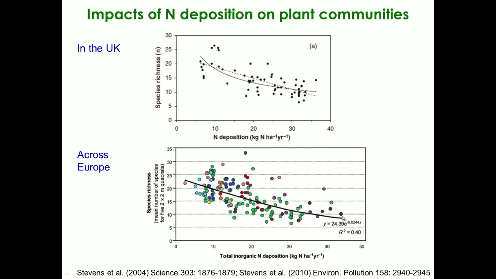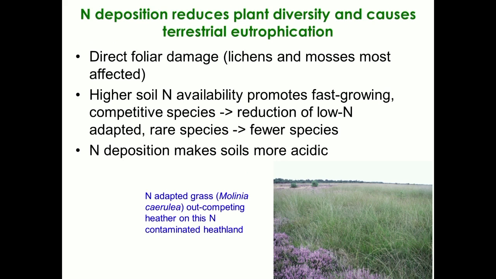And the reason for this is because the nitrogen pollutants that are depositing on plants are damaging to plant leaves. It causes foliar damage. Some plants are more sensitive than others, so lichens, okay, they're not specifically plants, but these photosynthetic symbionts and also mosses are particularly sensitive to foliar damage. In fact, so much so that they are often good indicators of nitrogen pollution.